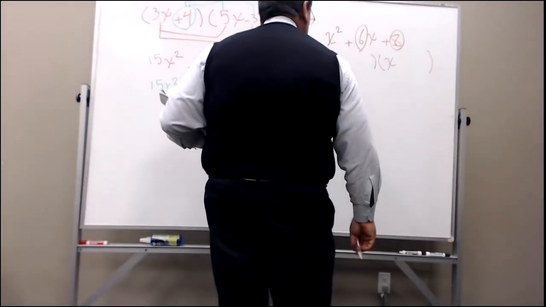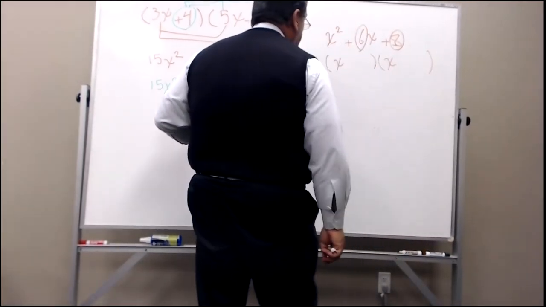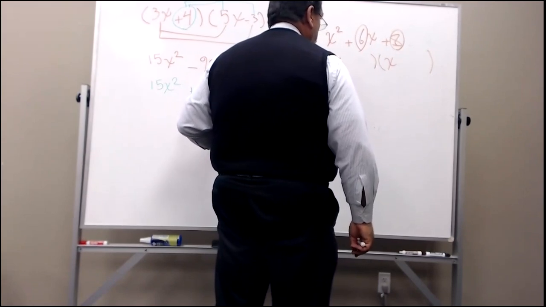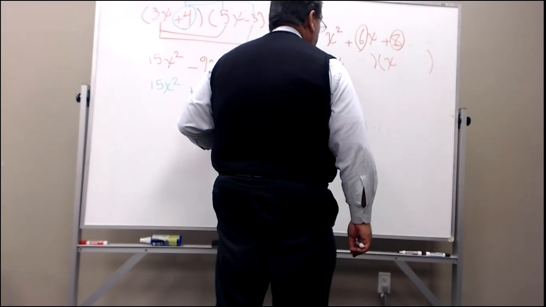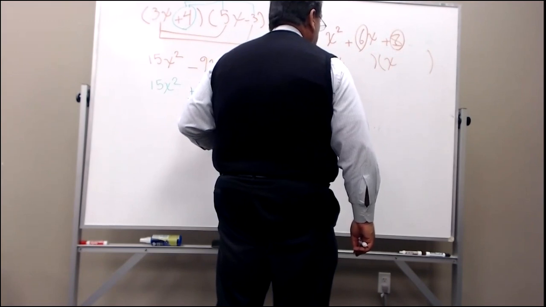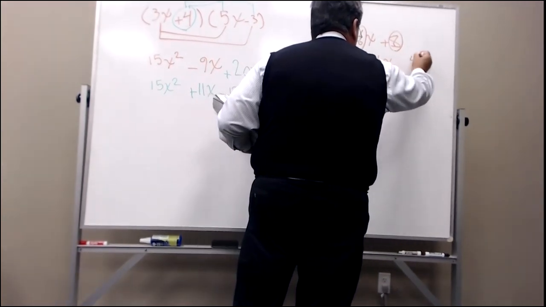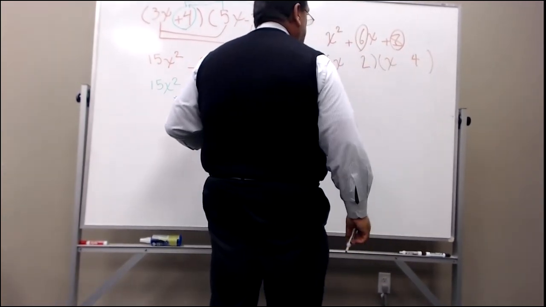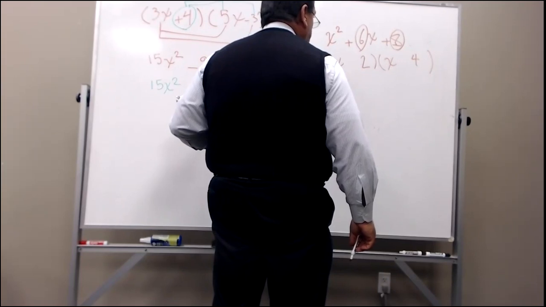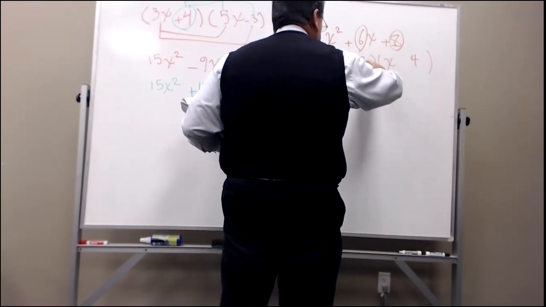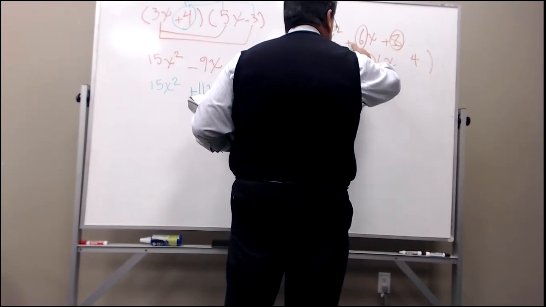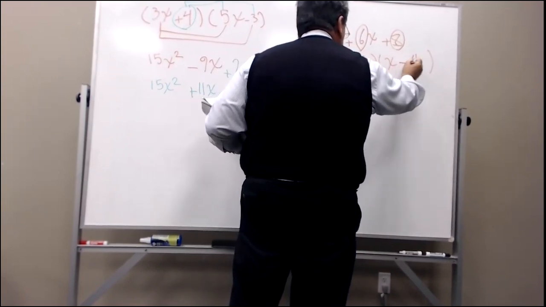So what do you think? What are my choices? Well, 8 can be 2 times 4. 2 and 4, it works. So let's see about their sign. This is positive, and this is positive, so both of them plus.